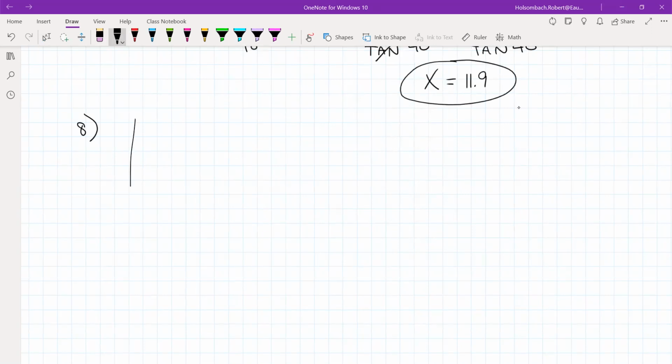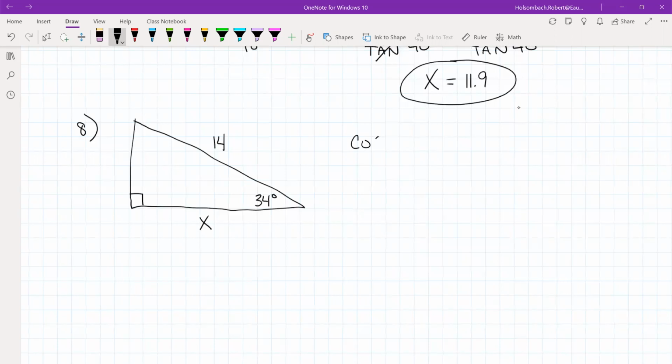Number 8. Hypotenuse is 14. Interior angle is 34. Adjacent side is X. We're dealing with adjacent and hypotenuse.